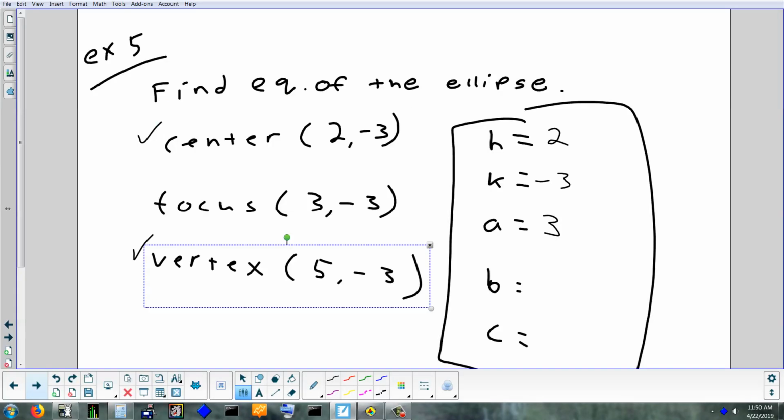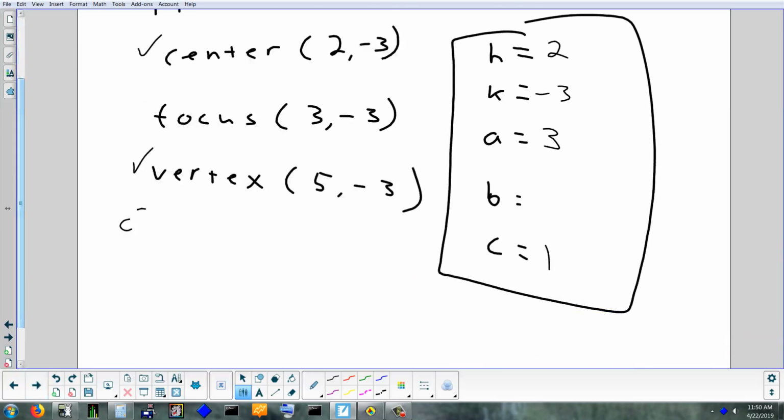Okay, c, distance from the center to the focus. Well, you've got your center, you've got your focus. How far apart are the center and the focus? 1. So c is 1. And now b, they're probably never going to give you that one because you can find it with the formula. c squared equals a squared minus b squared.